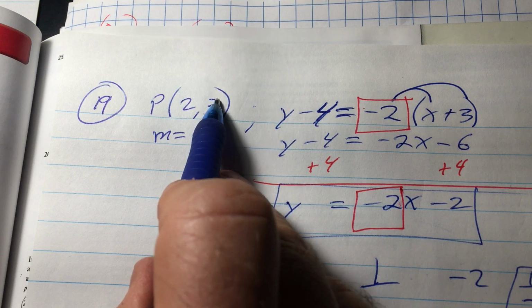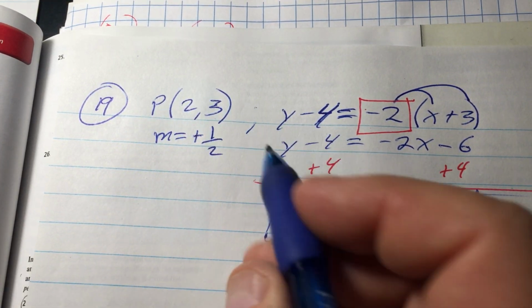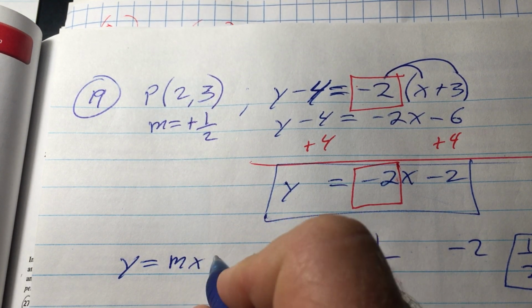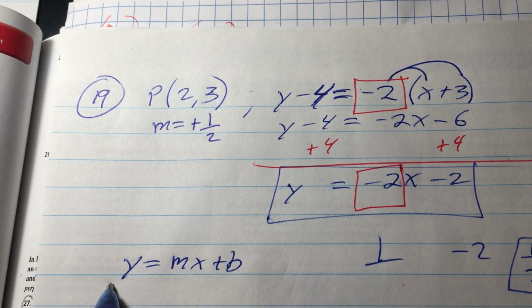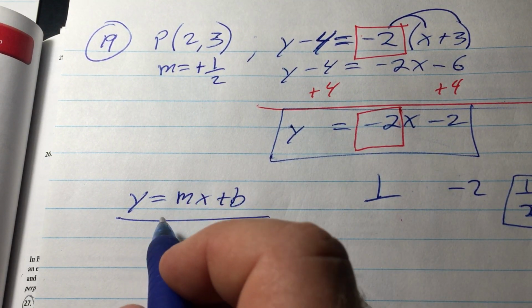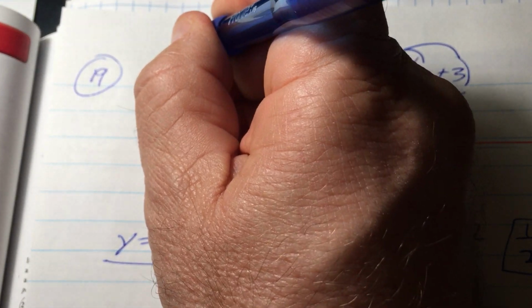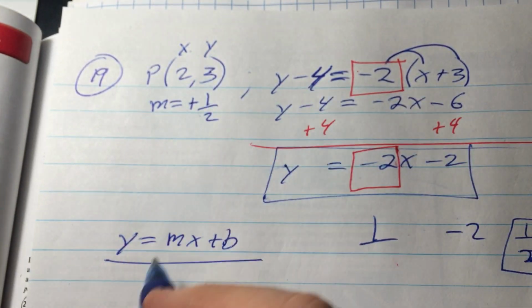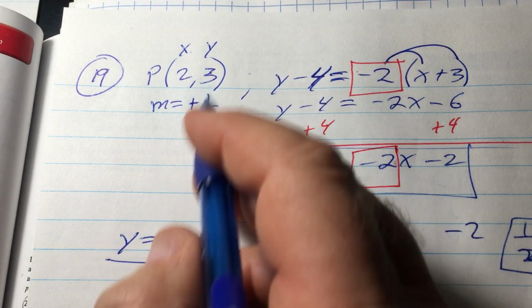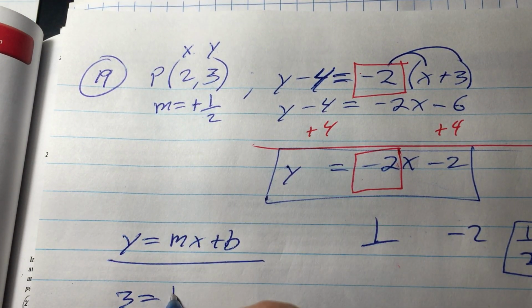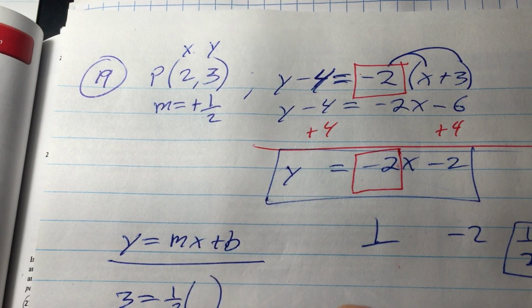So that's our slope. This is the point it goes through. Now we have to write our equation. Y equals mx plus b. I want it in slope-intercept form. So this is my x value, this is my y value, and that is my m. Y value is 3. M is 1/2 times x.